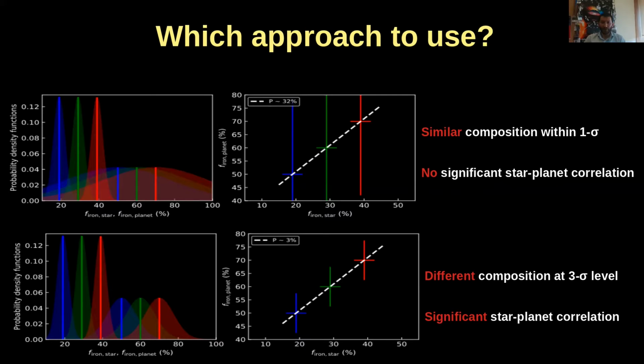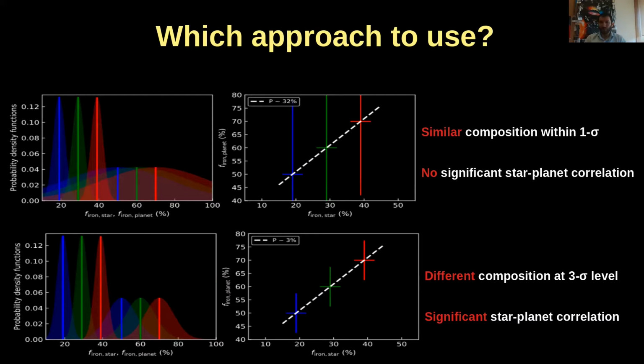Here I illustrate the main differences between the two. Let's assume that we are comparing the iron mass fraction in planets and their host stars, and let's assume that the uncertainties in the composition of planets are significantly large. In the top figures, I show cases where the iron mass fraction of the planets and host stars agree within 1 sigma.